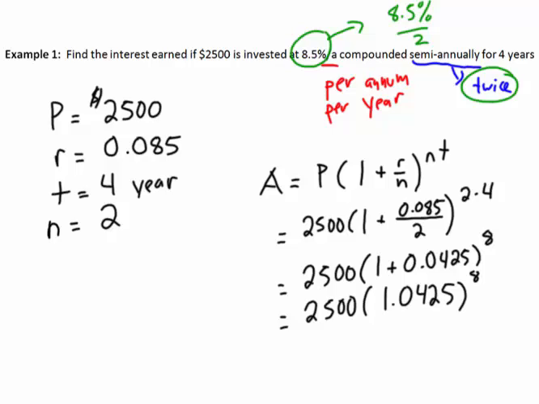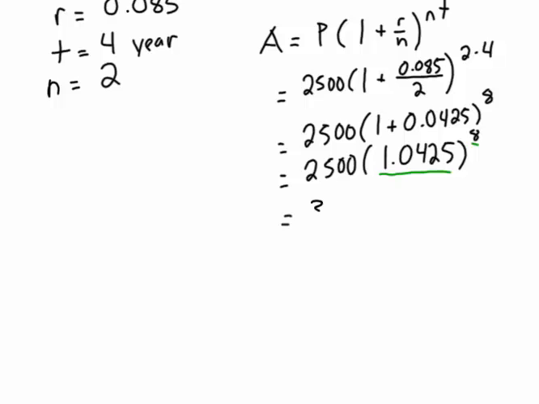A base of 1.0425, an exponent of 8 multiplied by 2,500. And at this point, just fire it in your calculator, and we get an end result equal to $3,487. And let's not forget the pennies here, 76 cents.